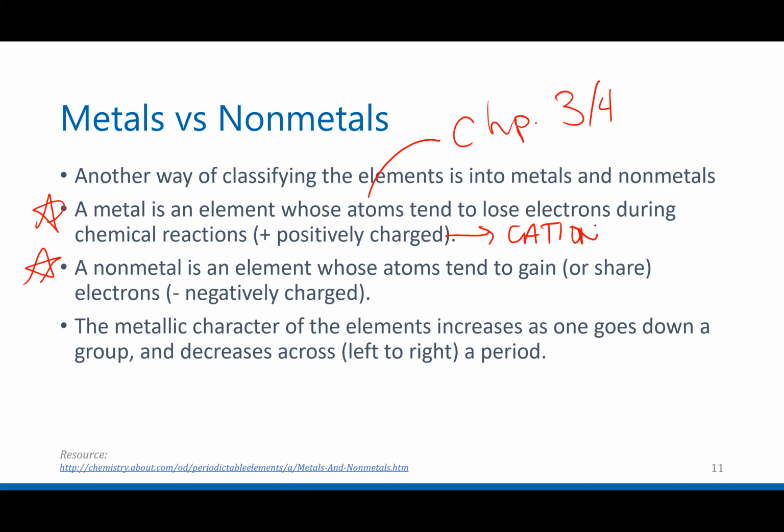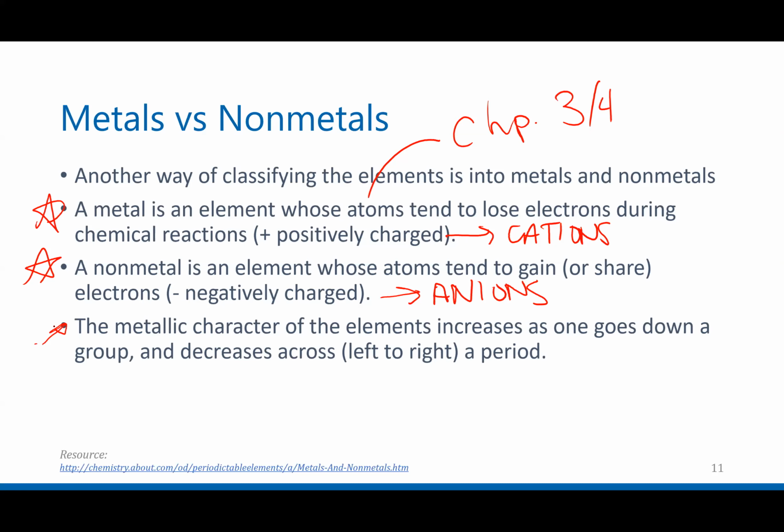Cations. Non-metals like to form negatively charged ions, so anions. There's a little trend here: as you go down and left across the periodic table, things become more metallic.